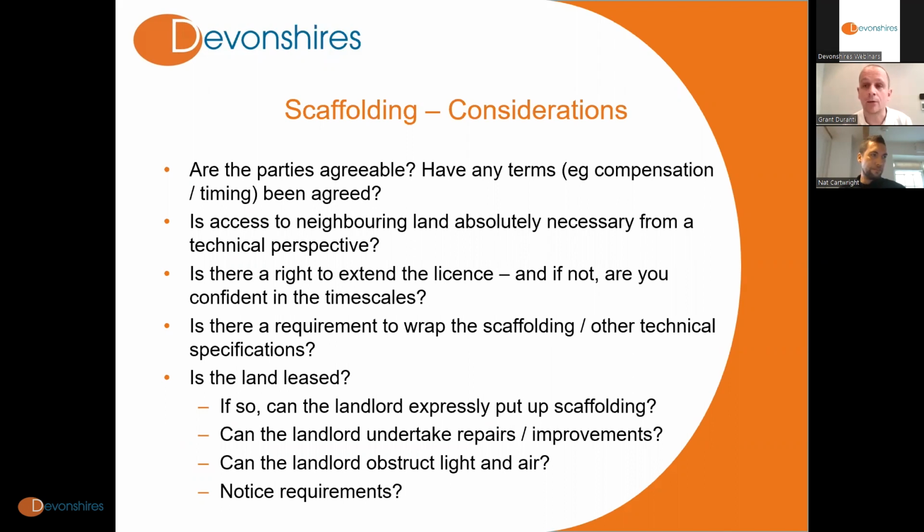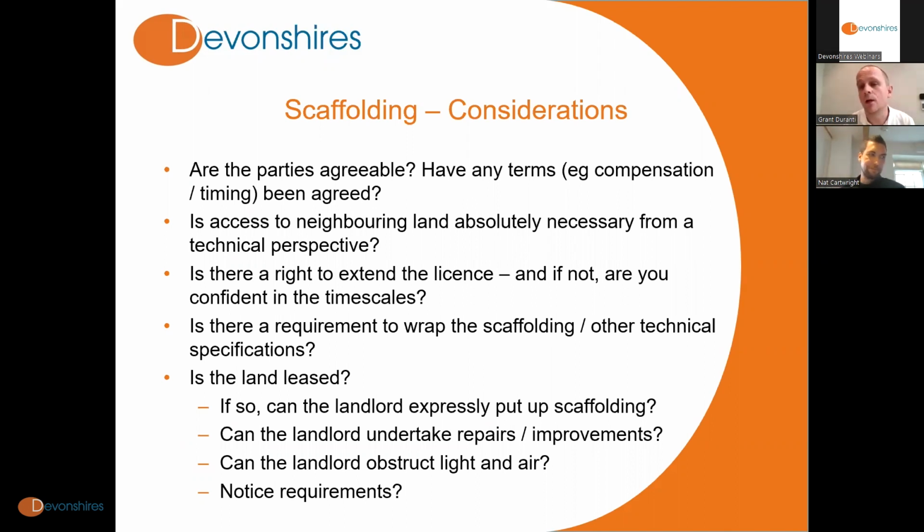Timing, how long you can keep it there. It's worth considering at the very outset whether the access to neighbouring land is absolutely necessary from a technical perspective. It might be that it's more convenient, but it might be that it's not absolutely essential.